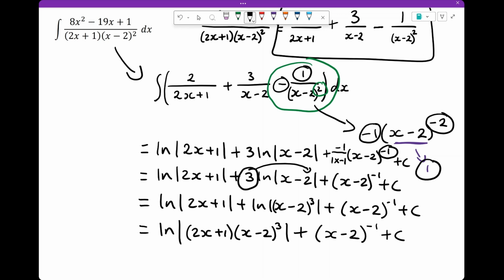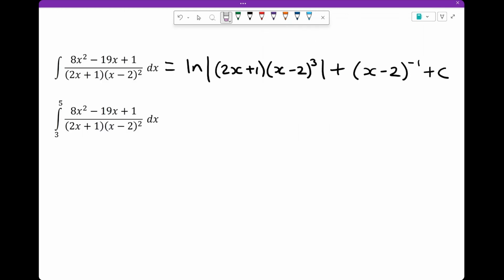Now let's have a look at a definite integral based off this question. So here we've got our definite integral because we've now got limits, but the fraction that we're actually integrating is the same, so we can make use of our answer from the previous part. So what I'm going to do is write equals, and then I'm going to write square brackets, and I'm going to write the result that we've got up here in the square brackets.